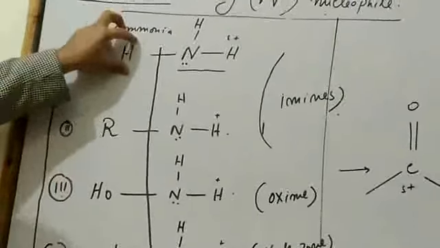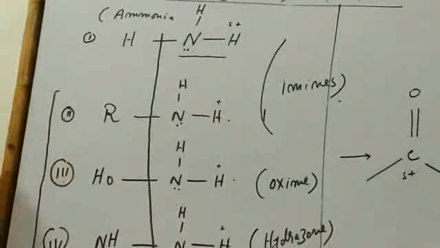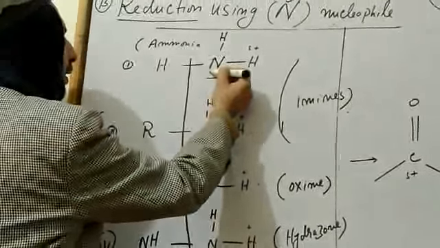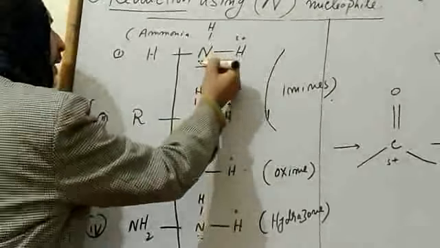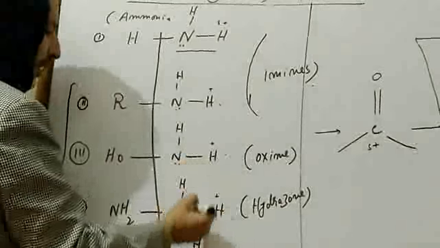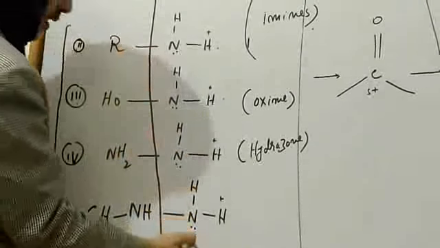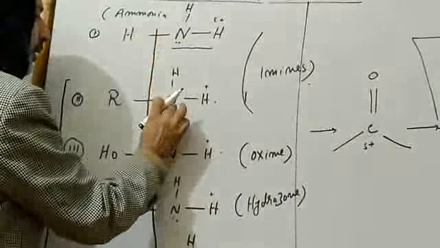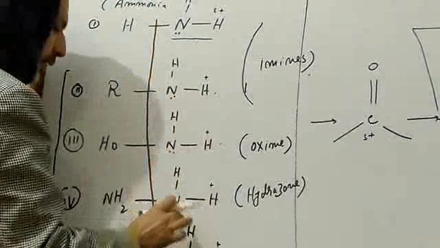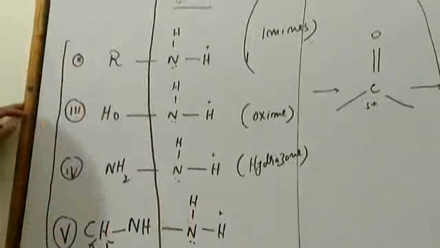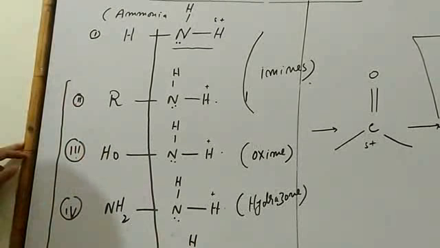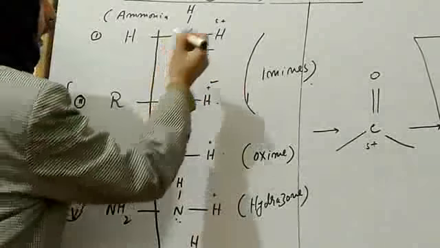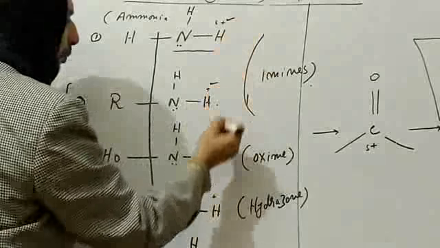Just understand one, and you will understand the rest of the compounds. Here you see nitrogen is having a lone pair of electrons. Here lone pair, lone pair, lone pair, lone pair. This is the attacking nucleophile. This is the attacking center. Keep in mind this, and this. All these are the attacking nucleophile, while this is the electrophilic portion of the group.